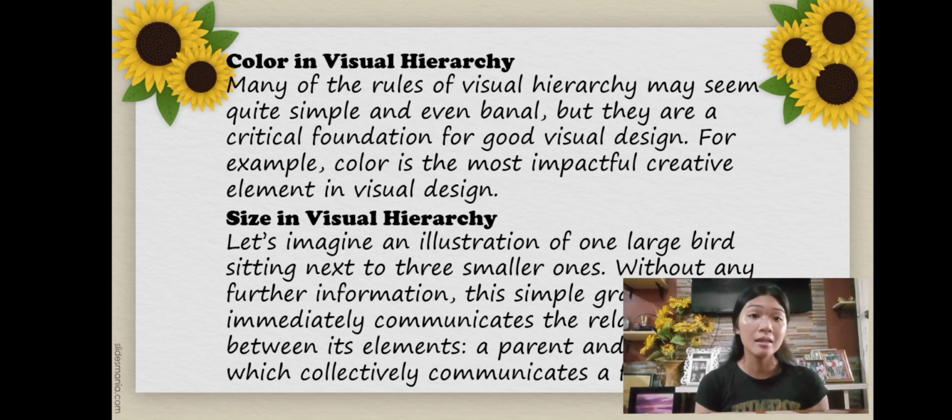As you can see in our PowerPoint, yung color daw yung pinaka impactful creative element in visual designs, and also color is seeded with meaning and emotions that can transmit information to a viewer's subconscious. For example, the color green means peace. Yung red naman is for anger, and white naman is for cleanliness. Every color has a meaning.